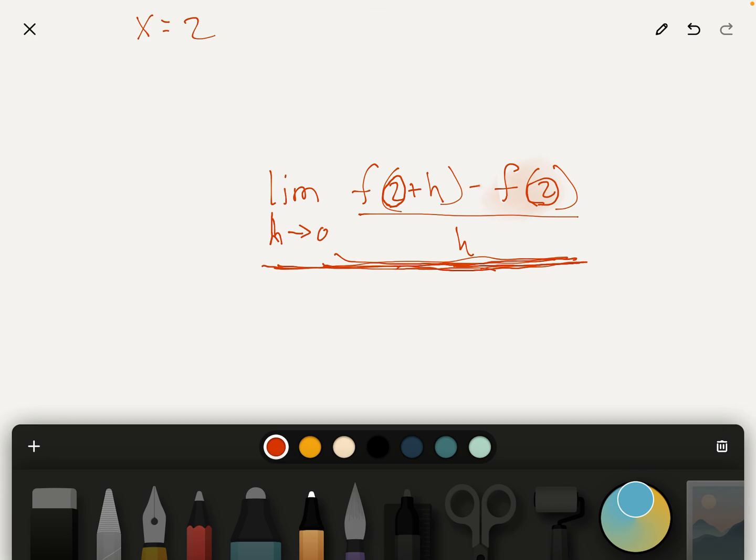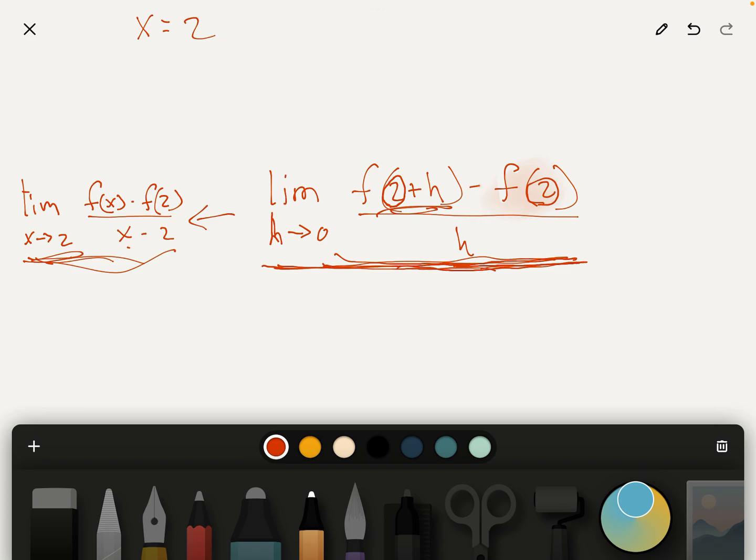Now let's look at some other correct answers. Let's look at A. Limit as x approaches 2, f of x minus f of 2 over x minus 2. This is an equivalent expression, right? I think you can see, for example, 2 plus h, as h goes to 0, is the same as f of x as x goes to 2.